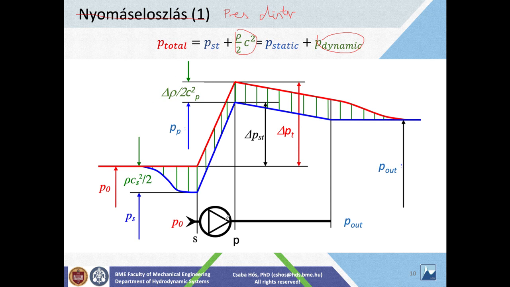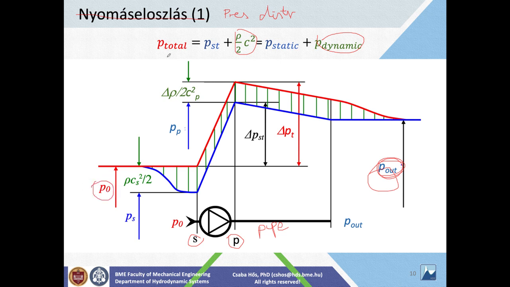Okay, so this is our fan. This is the suction side. This is the pressure side. And on the pressure side, we have a pipeline. And then somewhere here you have the room which you are air conditioning, ventilating. Okay, it has P_out pressure, and in the suction side you have P_in, so ambient pressure.